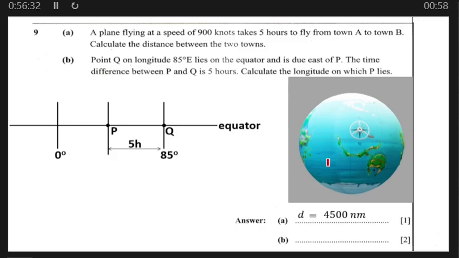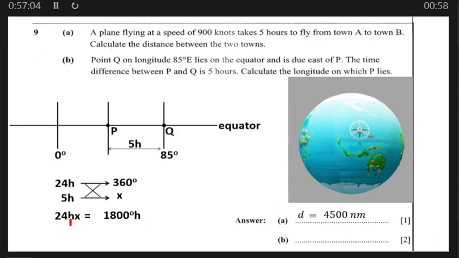So we know now that 24 hours is equal to 360 degrees. How about 5 hours? How many degrees will it be? I hope you are getting this. You cross multiply: 24 hours times x equals 5 hours times 360 degrees, which is 1800 degree-hours.